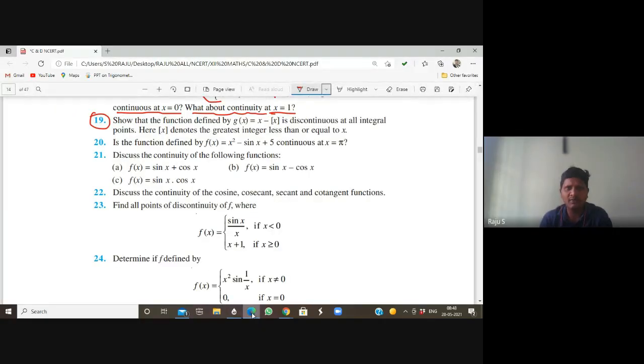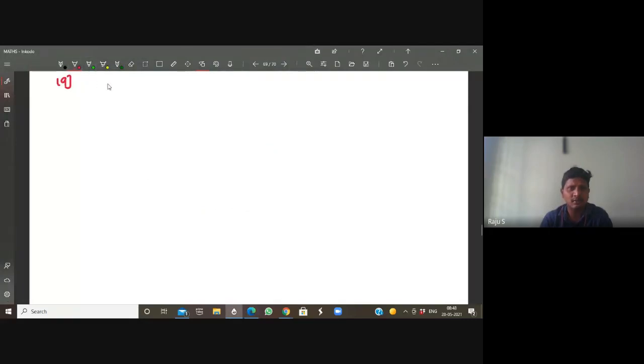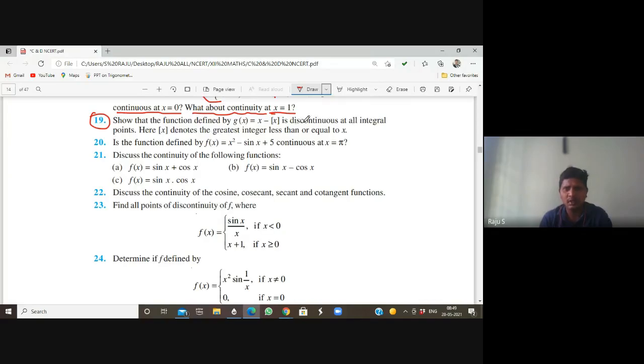19th question. g of x is x minus the greatest integer function of x. They have clearly mentioned in the question that this denotes the greatest integer lesser than or equal to x.